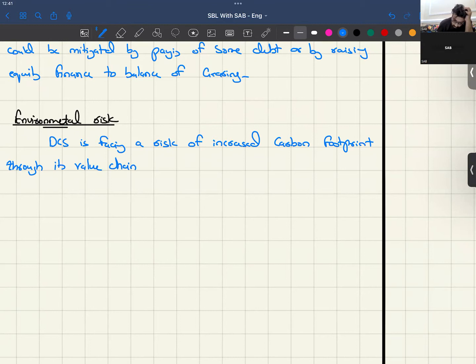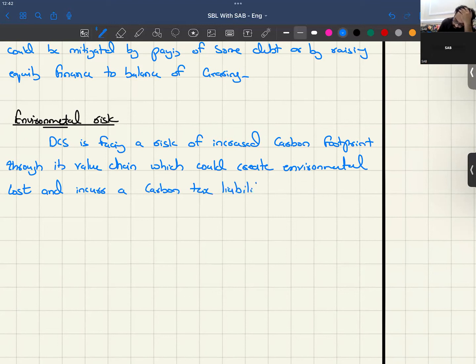Increasing carbon footprint through its value chain, which could create a carbon or environmental cost and incur a carbon tax liability.